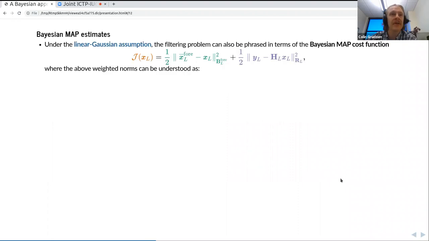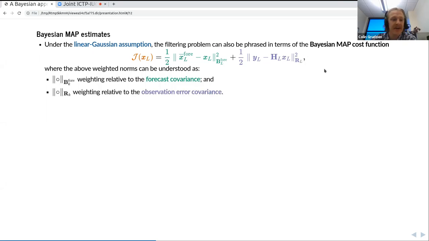Under the linear Gaussian assumption, the filtering problem can be phrased in terms of this Bayesian MAP cost function, where the a posteriori cost is in terms of the deviation of our input, the model states, from the forecast mean in the norm with respect to the forecast covariance, and the deviation from the observation data in the norm with respect to the observation error covariance.